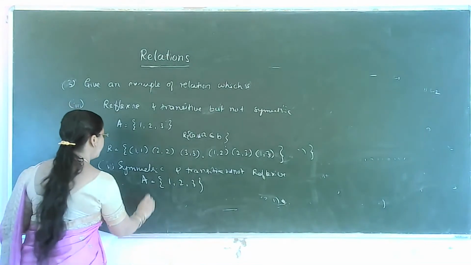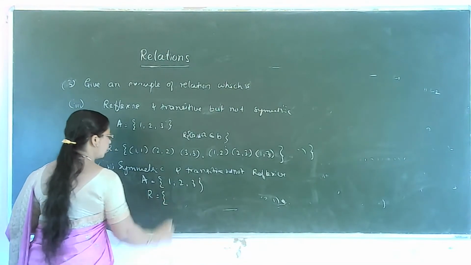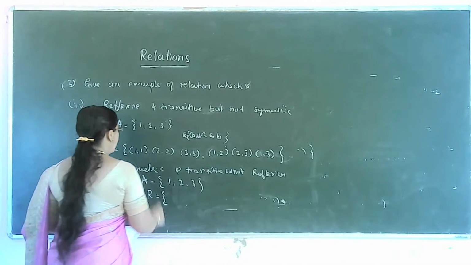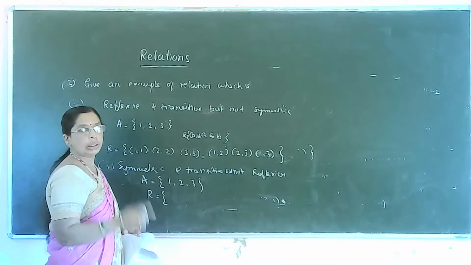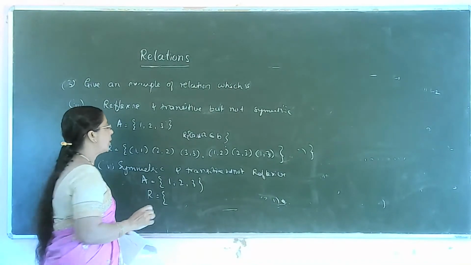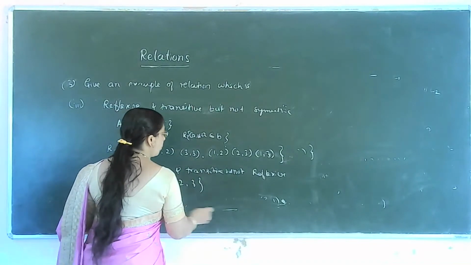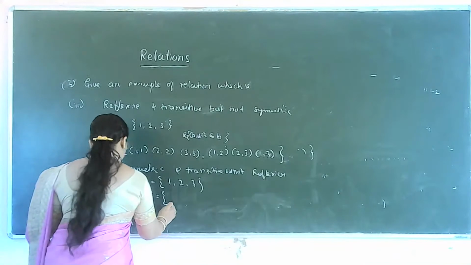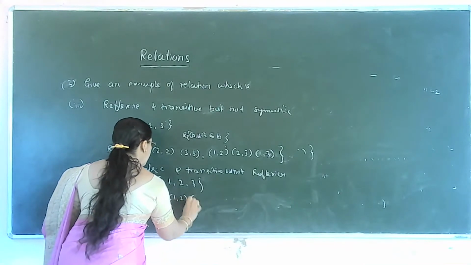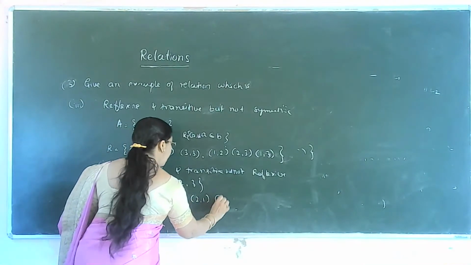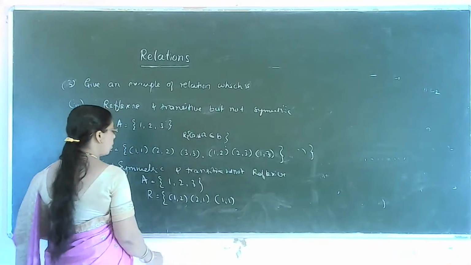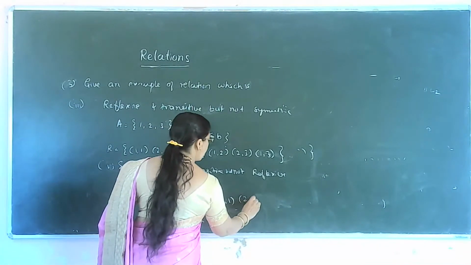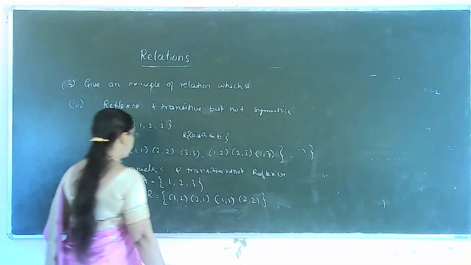R is symmetric. You can write only one term also, it's symmetric. But for transitive, every element you have to write as transitive elements. Therefore, (1,2), (2,1) and (1,1) belong to R. Then (2,2) also we have to write.